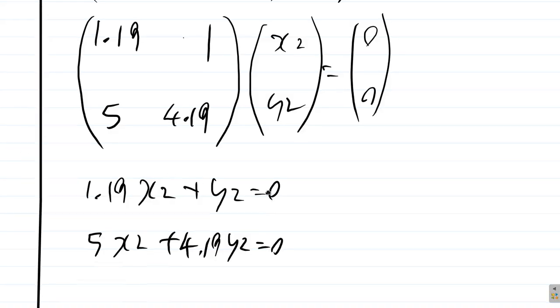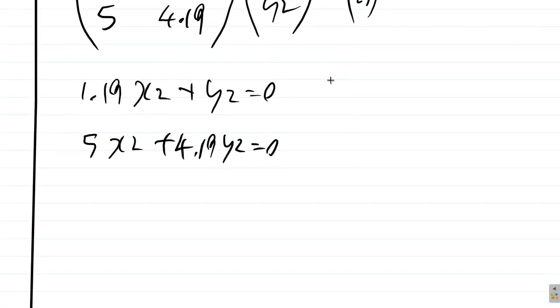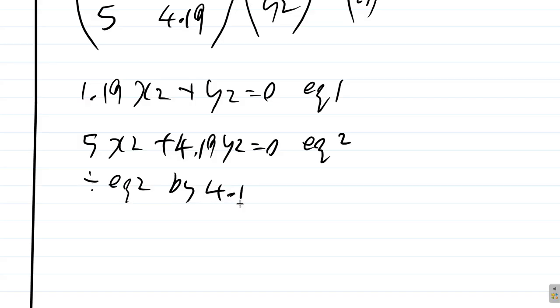Now we want to ensure that they are the same equation, so we have equation 1 and equation 2. Suppose we divide equation 2 by 4.19.